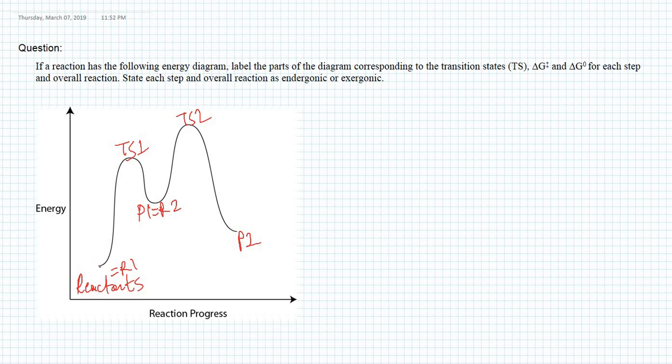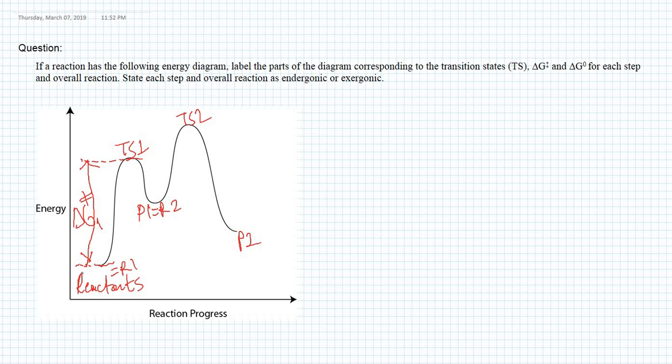Okay, now after labeling transition states, let's start labeling the necessary parts for activation energy. We know that the activation energy for each step is equal to the energy difference between the transition state and the reactant. So let's label this difference between the transition state and the energy of reactants as delta G double dagger 1, because we have two steps.